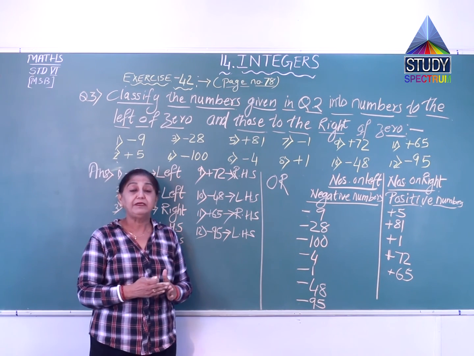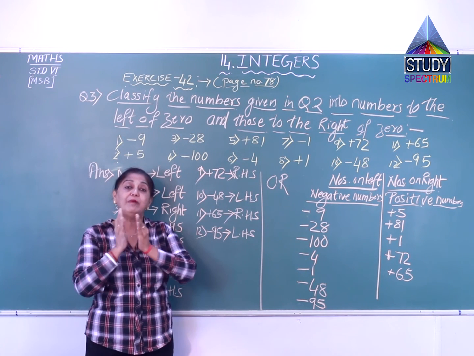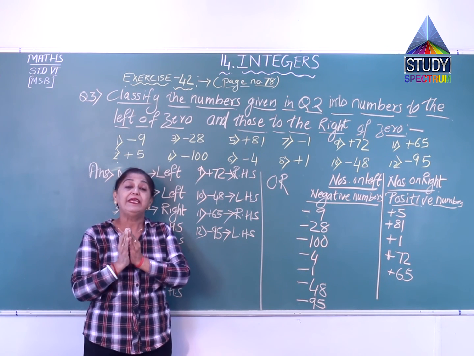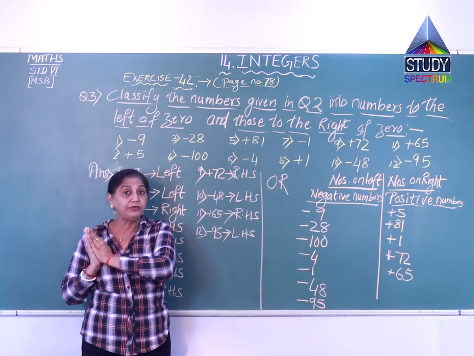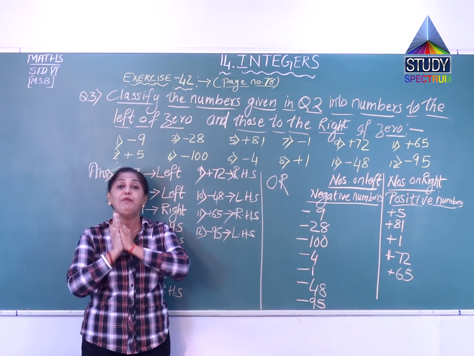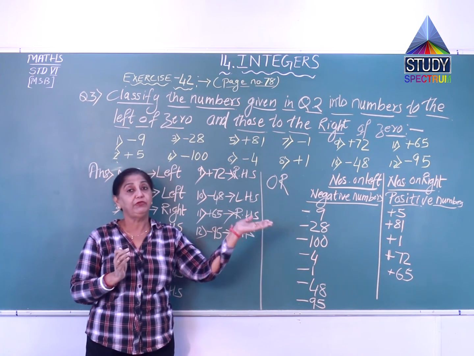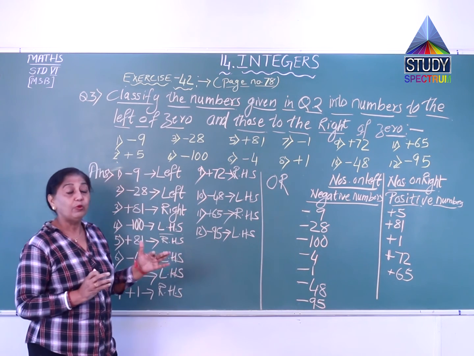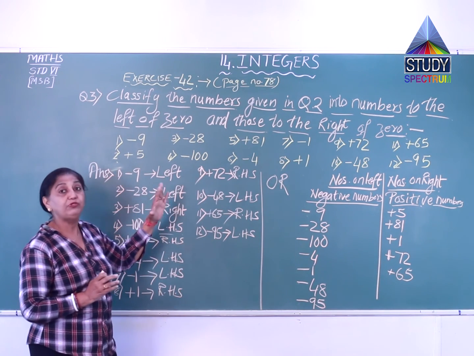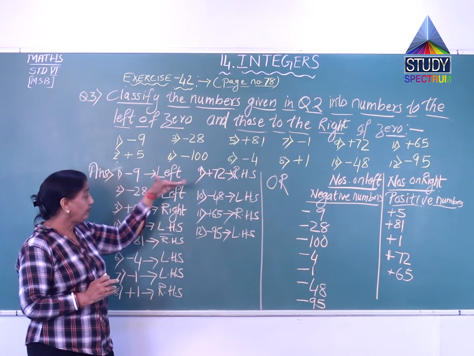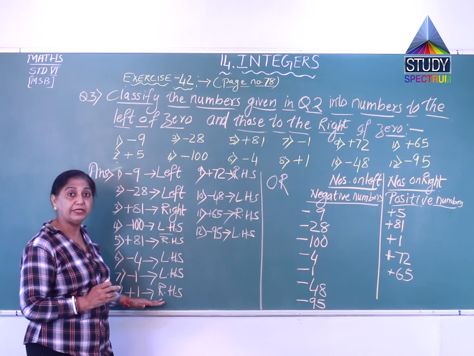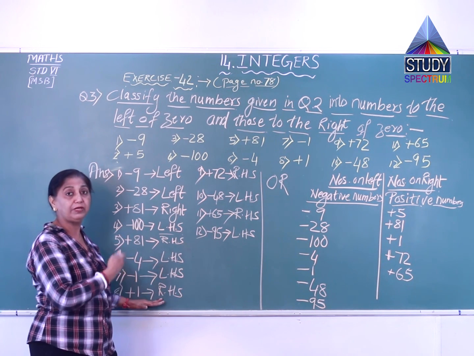We have learned that all the negative numbers on the number line are on the left hand side of the 0, and all the positive numbers, where do they lie? To the right hand side of the 0. So while writing the answer, I have shown you two ways. The first way, you can write individually whether they are coming to the right hand side or the left hand side.